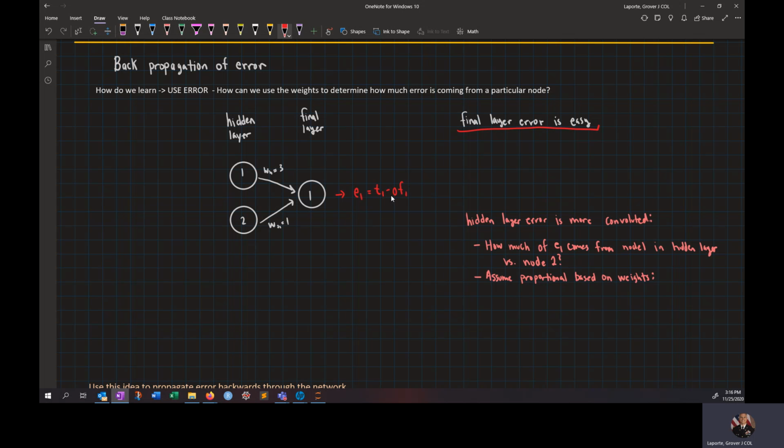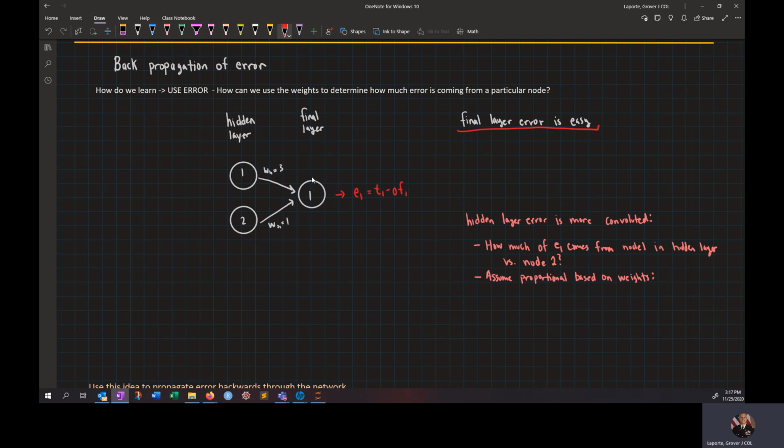Now the thing that we're going to use is just proportional. If this weight is 3 and that weight is 1, that means 3 times of the error that's associated with the final layer gets back propagated into this hidden layer.